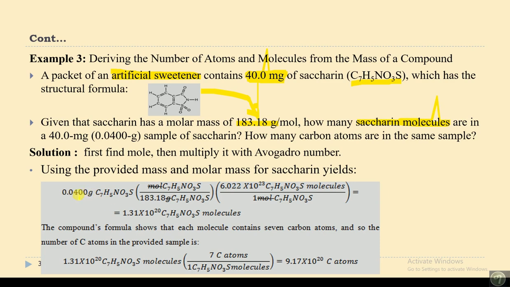Milligram is given, so to make the unit match, milli is 10 to the power of minus 3. So 40 times 10 to the power of minus 3 gram is divided by the molar mass, and that gives the mole.